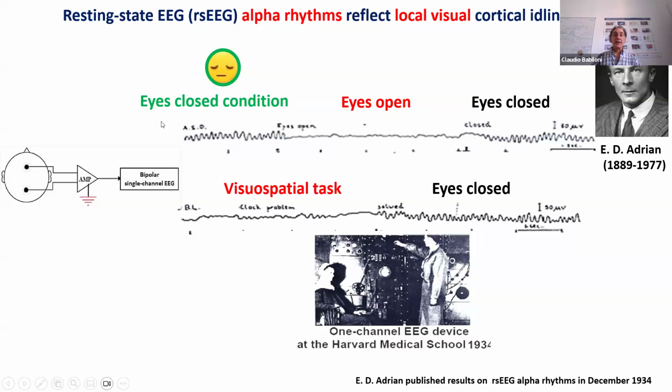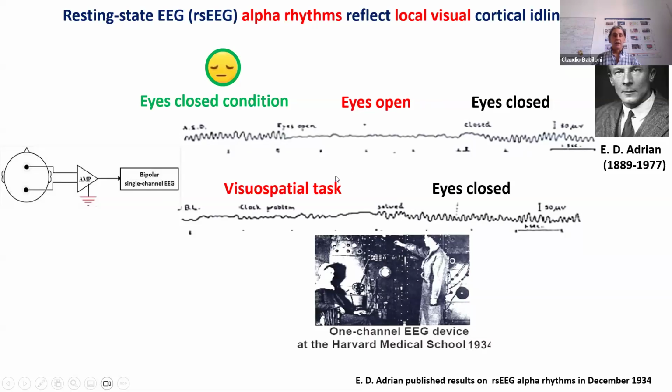In Adrian's experiment, you see that there was the eyes closed condition in green, the eyes open condition, and also some visuospatial task based on watching a clock and saying the time indicated by the clock.